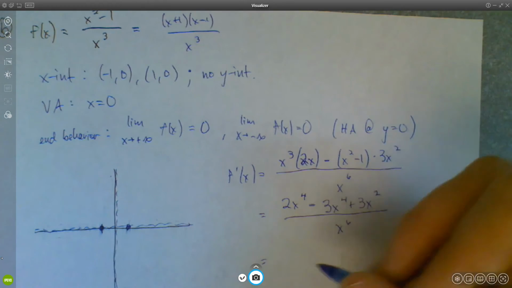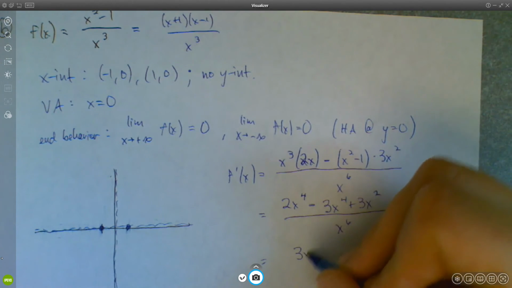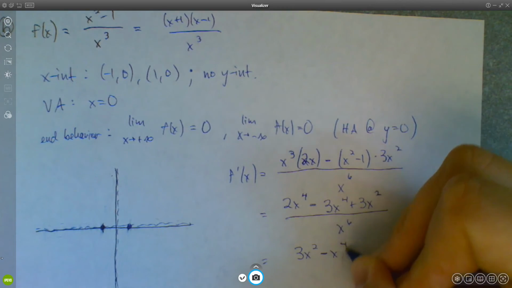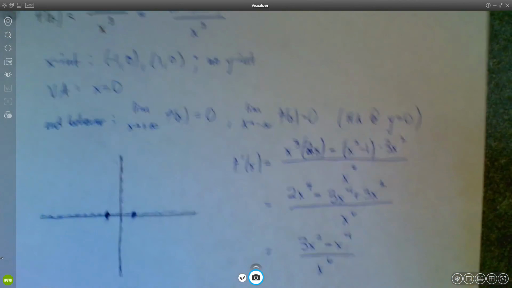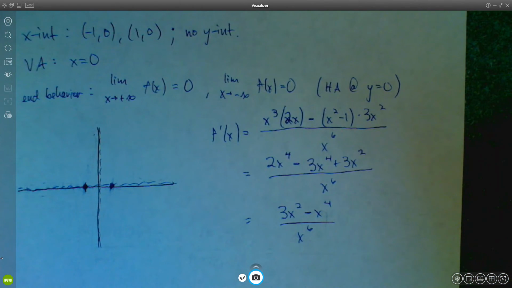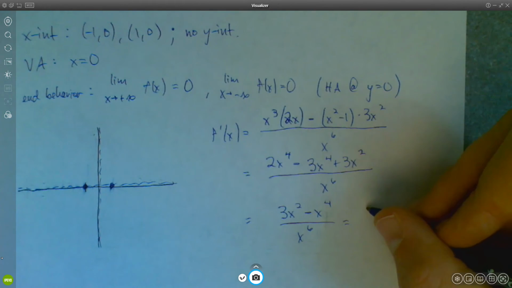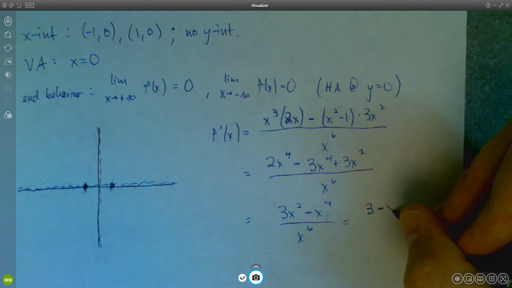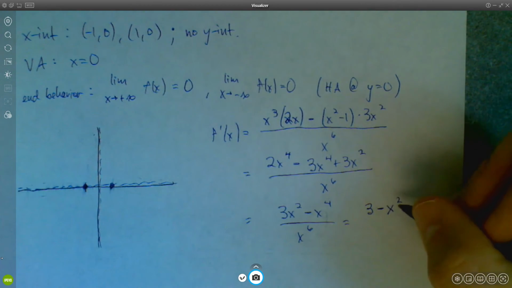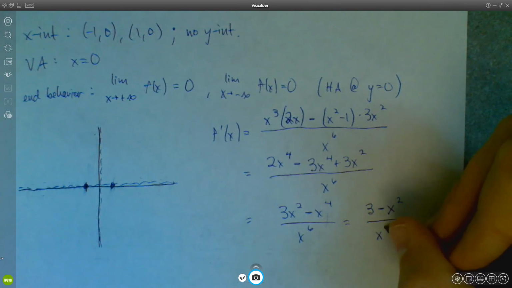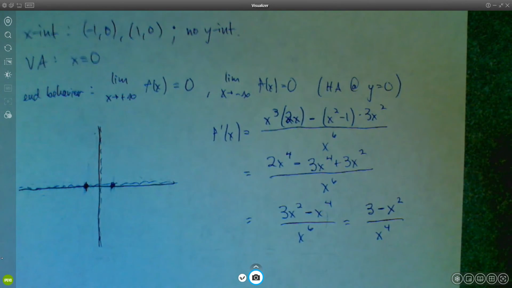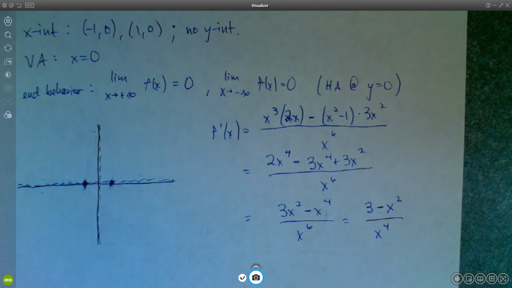Maybe I'll rewrite that as 3x squared minus x to the fourth. Oh, we can cancel off some of those x's, right? We could take out an x squared, and then we would get 3 minus x squared over x to the fourth. Okay, well that's not bad at all.